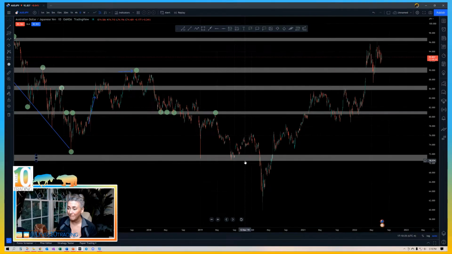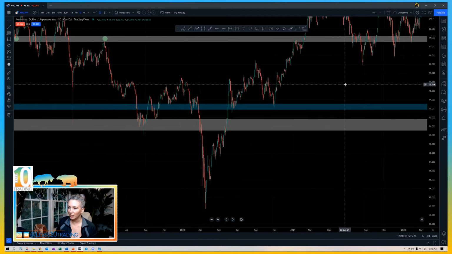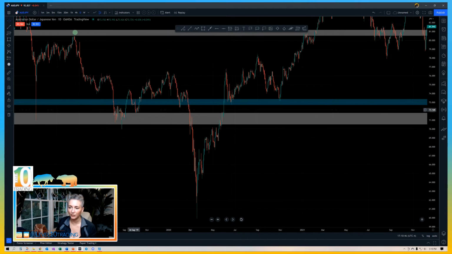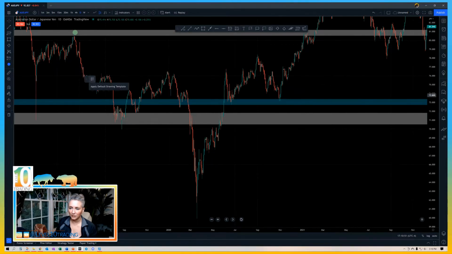But you also had a minor level of support right here, where, let me turn that to be a different color. So we'll make that a little bit of a blue, and let's zoom in right here where we see the market bounces on this particular zone, where here, let's change that color too, we're looking at this green zone that I drew a while ago, where price is bouncing here.